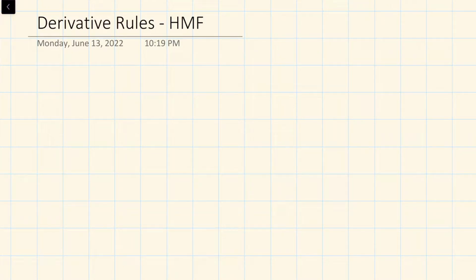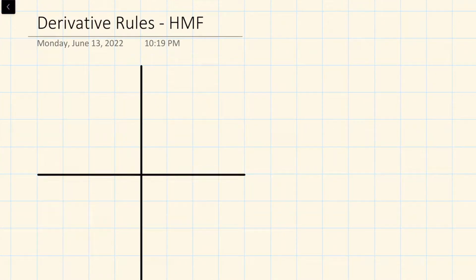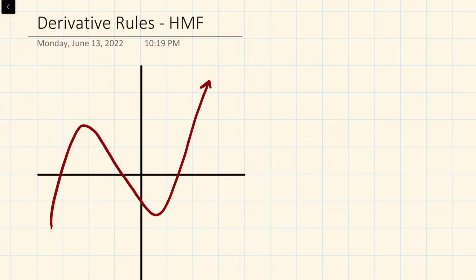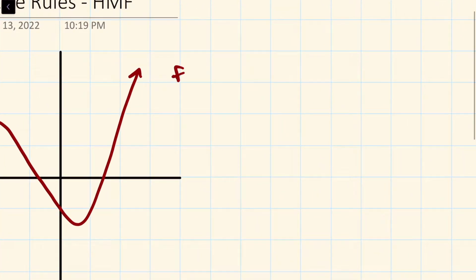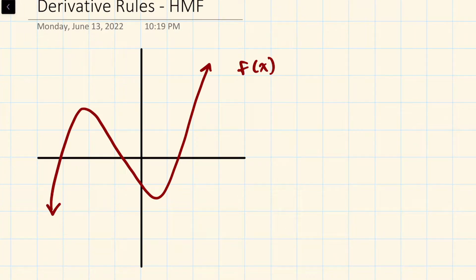Say we have a function here, and it looks like this. Say this is f of x. And our derivative here would look something like this, or like this. That's a better drawing.